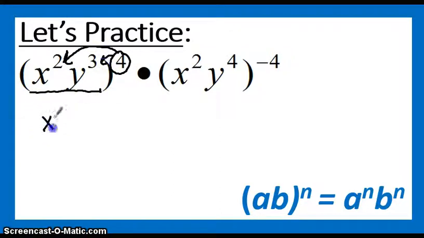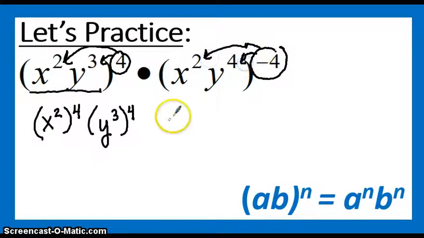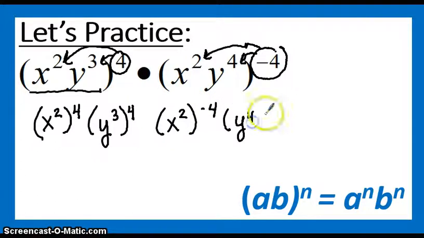So we get x squared to the 4th power, y cubed to the 4th power. Now we're going to have to do the same thing here because we have a power of a product. We're going to give the power to each factor. So we'll have x squared to the negative 4 power and y to the 4th to the negative 4th power.